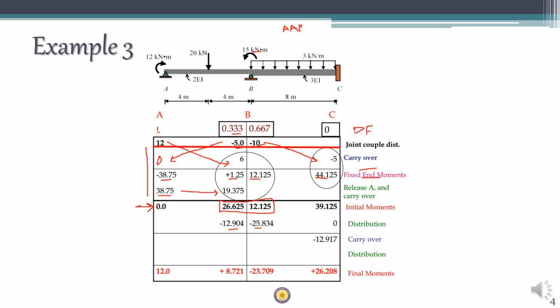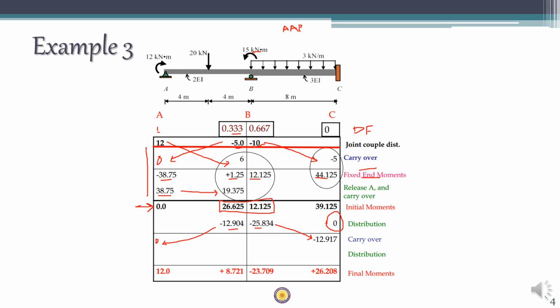Okay, that is an unbalanced moment of 39.125 at C. However, the distribution factor is 0 at C, which means that the distribution value is 0. For this joint value minus 12.904, the far end is A, which is simple support, so carryover is 0. For this minus 25.834, the far end is C, which means that there is a carryover of half the moment, so minus 25.834 divided by 2, minus 12.917.